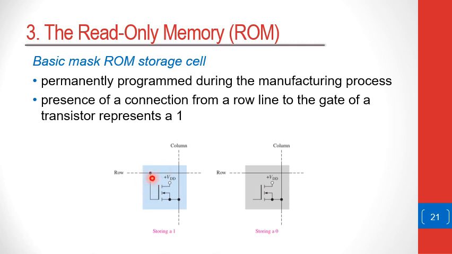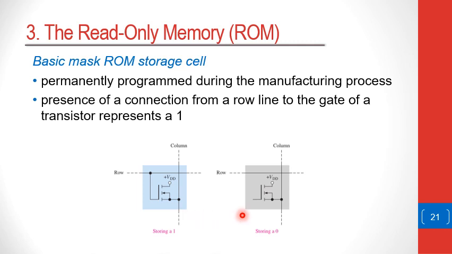So what happens is that when a row is selected, that is a high is placed on the row, the data is read through the column, and this data will be 1 because the 1 that has been placed on the row will be transmitted through the transistor to activate the transistor so that this line is high, and this will show that a 1 is stored.